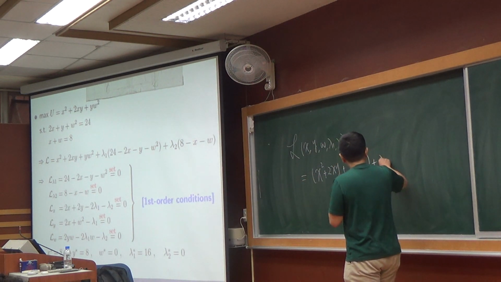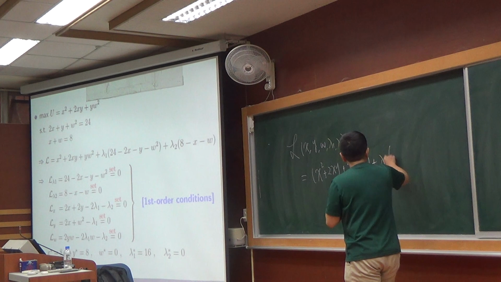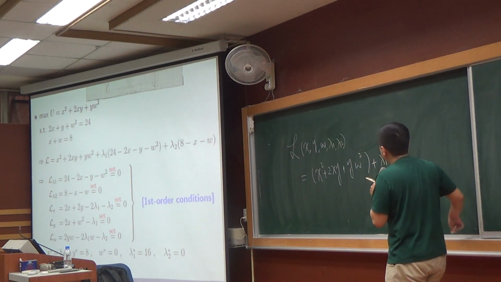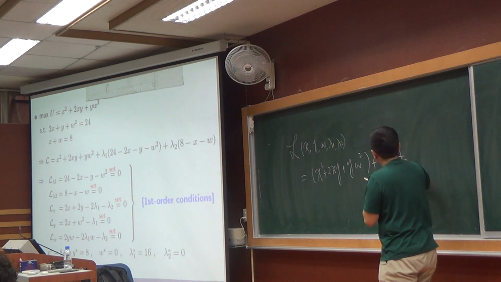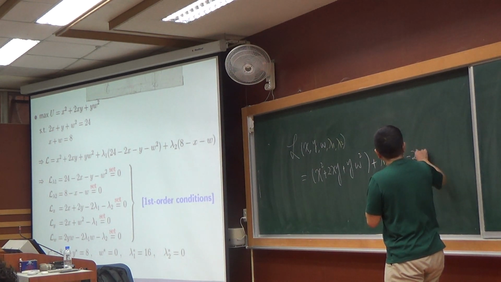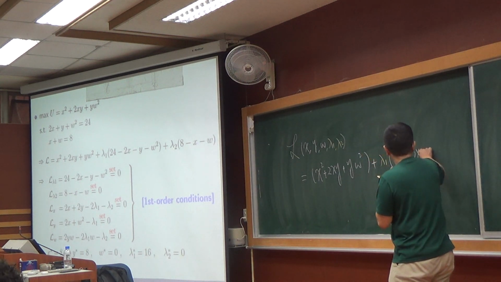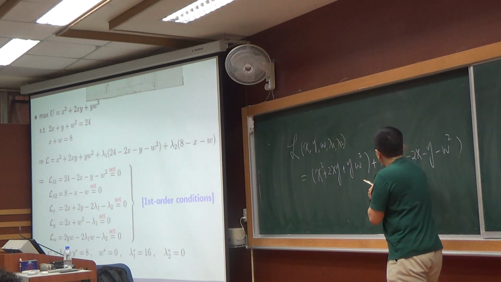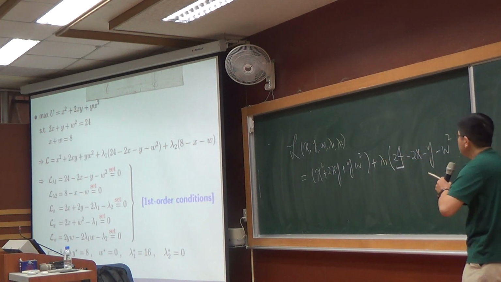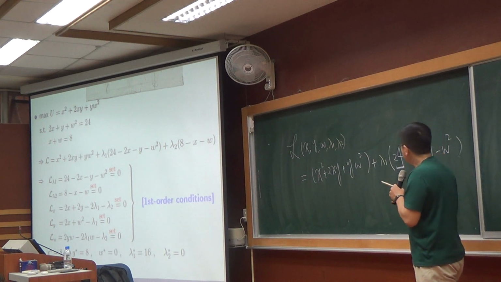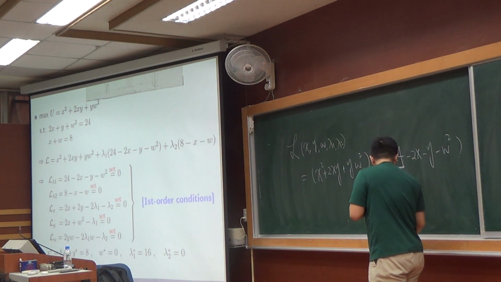Okay, so lambda 1 corresponds to the first budget constraint, and put the resource in the first place. Minus 2x minus y minus w squared. So don't forget to put the resource in the first place.